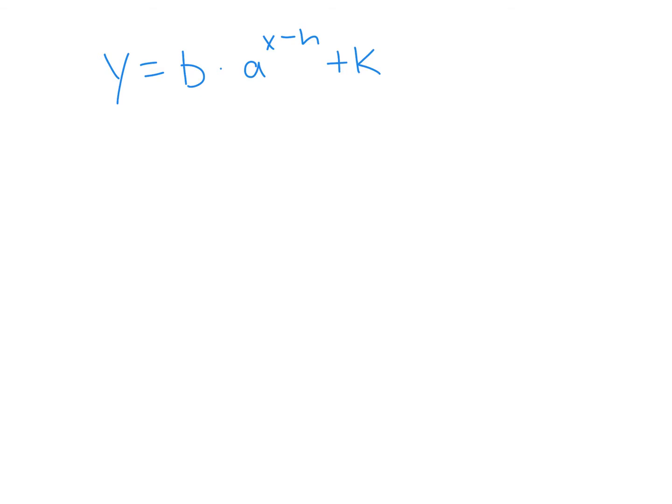So, some transformations. If b is negative, meaning that term in front of your base and exponent is negative, then it reflects over the x-axis.